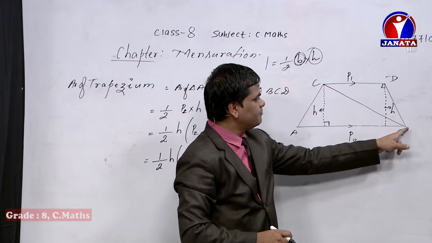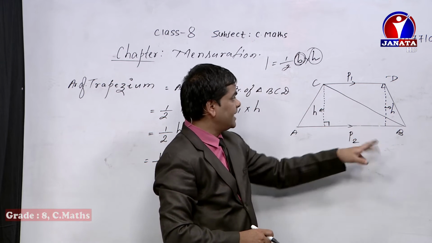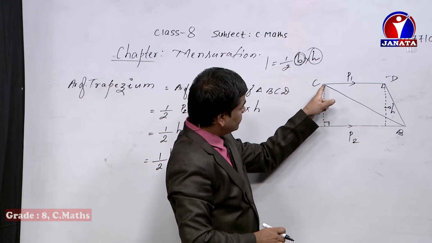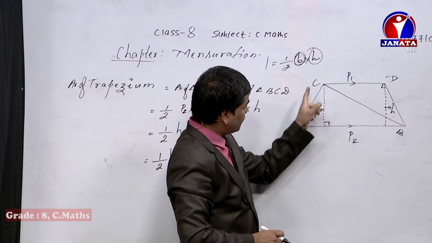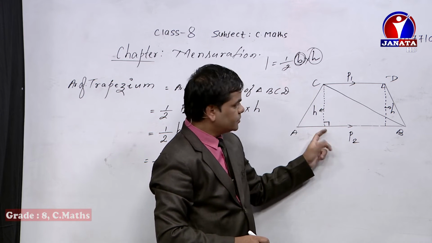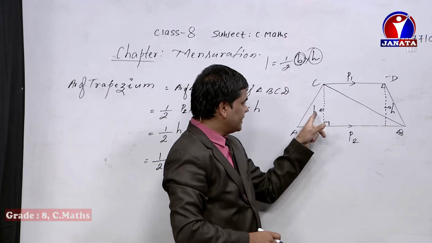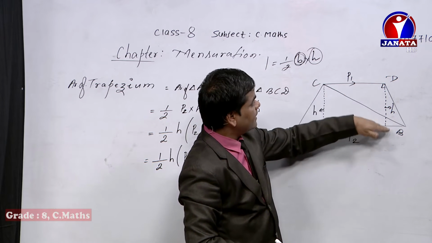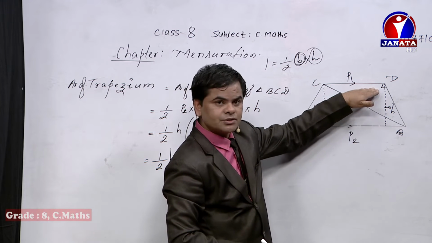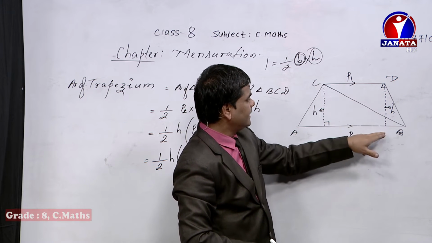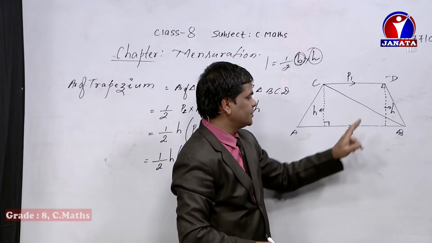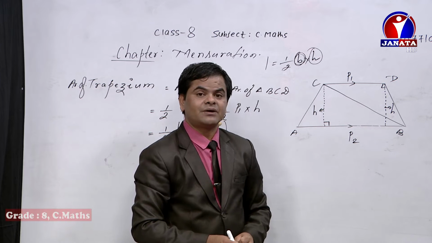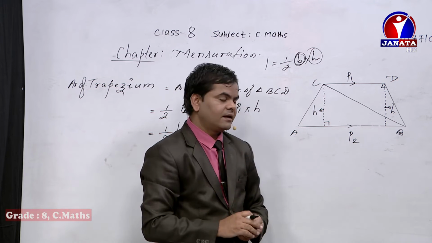I just join B and C, a straight line B and C, which is the diagonal of the trapezium. And I just constructed from the vertex C a perpendicular line to the parallel second, which is known as h. Now similarly, we can construct the perpendicular line to that triangle also. Here is 90 degree, and the heights are both equal to each other, so we don't need to write h1 and h2.